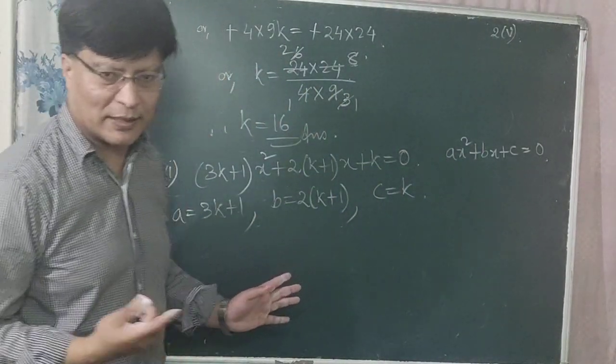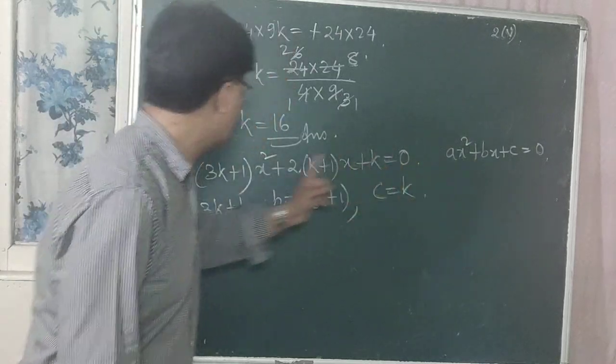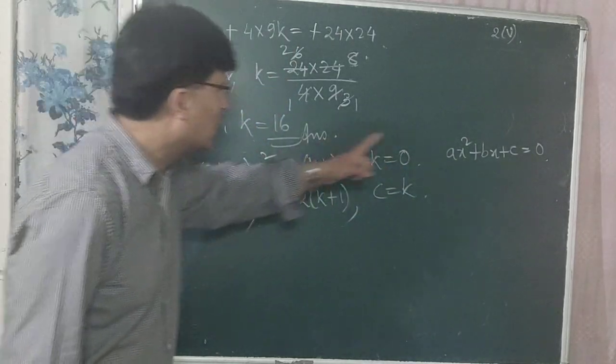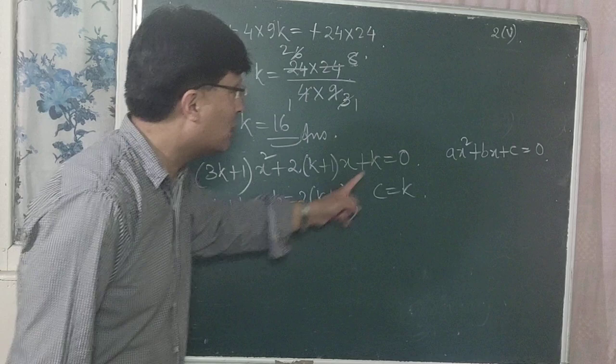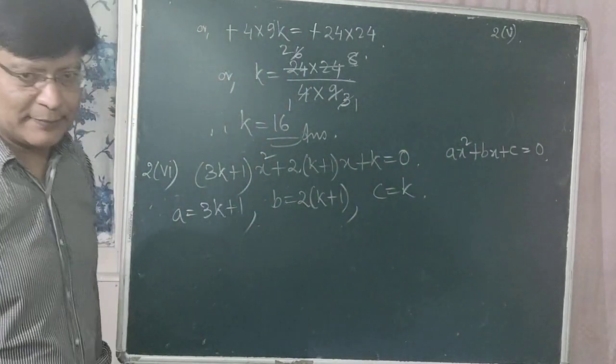There might be some mistake, there might be human error, right? a is equal to 3k plus 1, b is equal to 2 into (k plus 1), and c is equal to k.